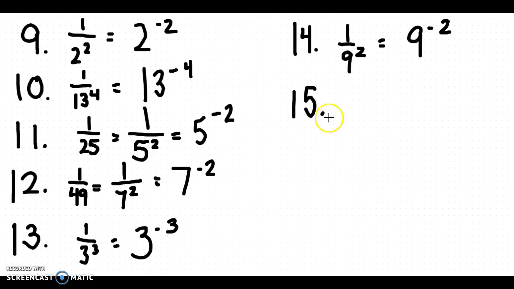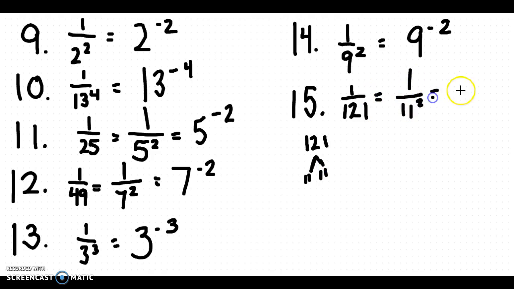15, 1 over 121. That's a little trickier to find what would give me a power of 121, but 121 breaks down into 11 times 11, so we'll make this 1 over 11 squared, which is 11 to the negative second power.